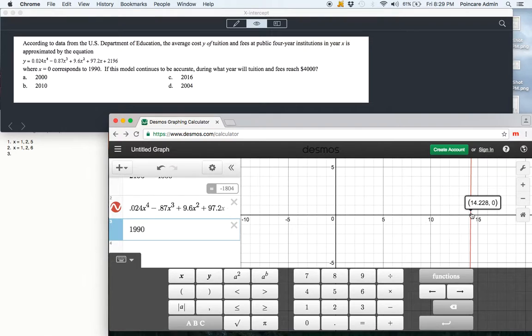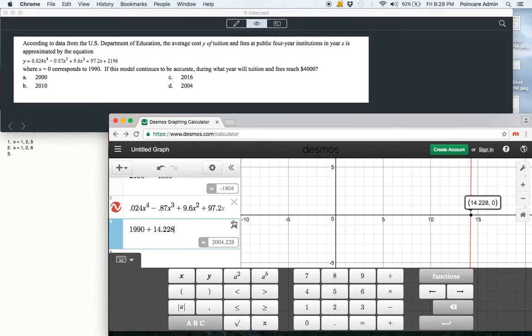If this is 14.228 beyond 0, then we add 1990 and 14.228, and we get 2004. And that's the point at which the tuition is going to reach 4,000.